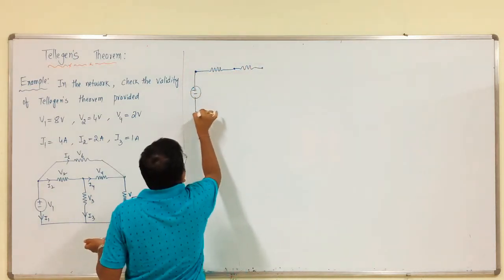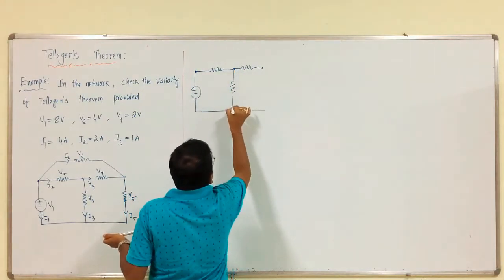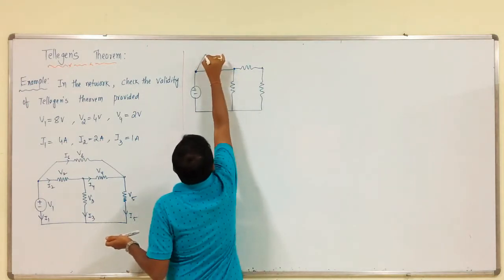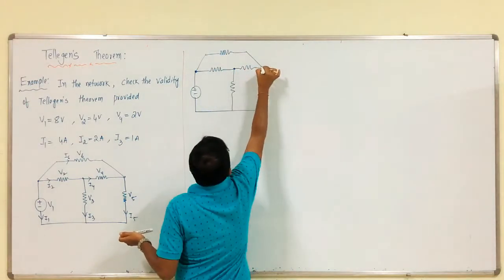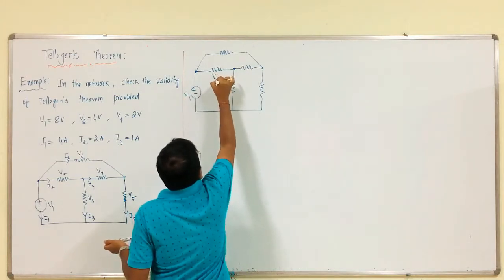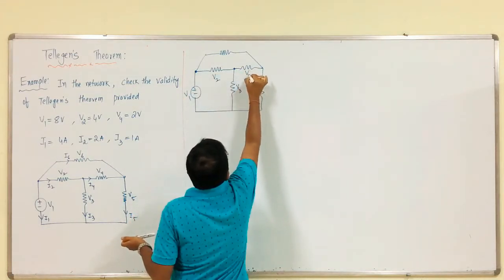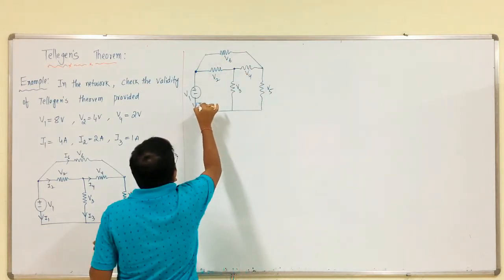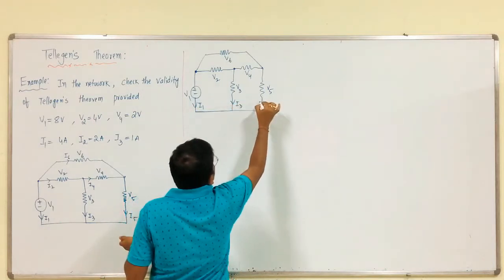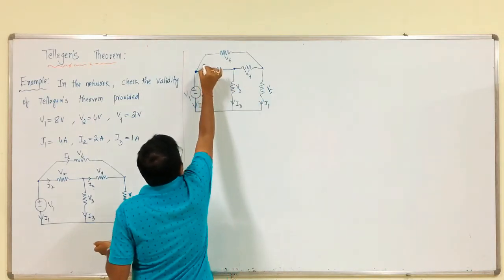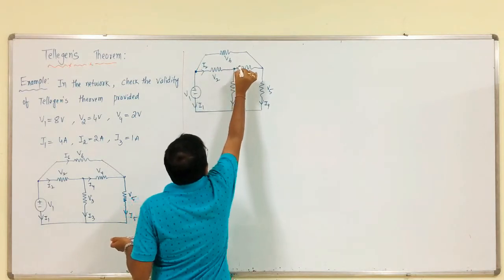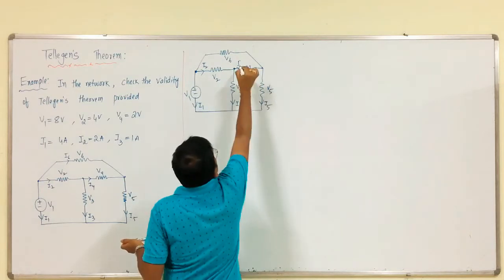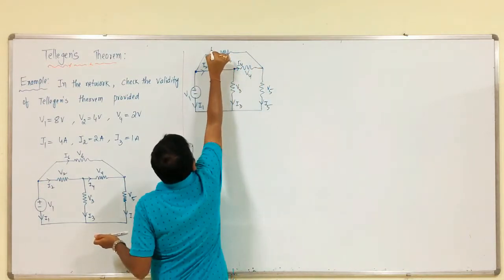Plus minus, this is the branch, this is the branch, and again we have a branch. This is V1, V2, this is V3, V4, V5, V6, provided this is I1, I3, I4, I2, sorry, this is I5, this is I4, this is I6.